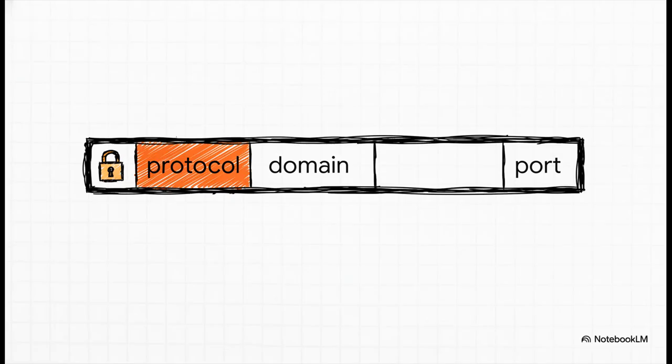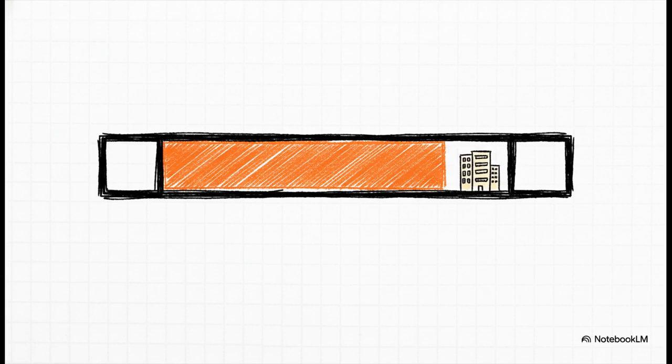Now, to enforce this rule, the browser needs a really strict definition of what a website's address is. In the lingo, that's called its origin. And an origin is made of 3 distinct parts that all have to match perfectly. The first part is the protocol: HTTP, or hopefully the more secure HTTPS. The second part is the domain name.